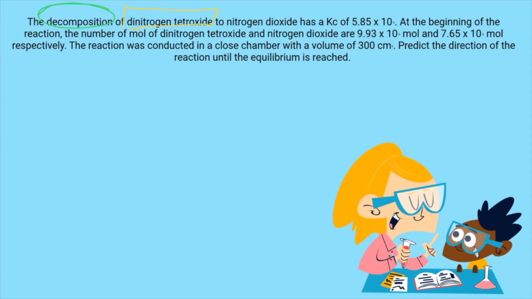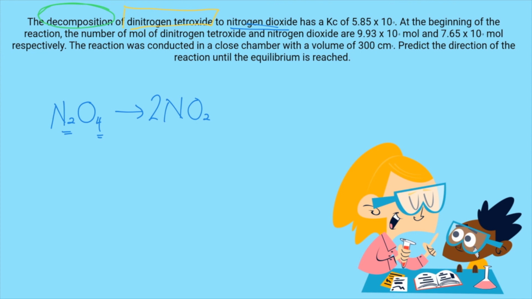Dinitrogen, di means 2 nitrogen, tetra means 4. So dinitrogen tetraoxide shall be decomposed to nitrogen dioxide. Obviously you know nitrogen dioxide. So you need to balance this. Because you have 4 oxygen and 2 nitrogen here, you put 2 over here, so you have 2 nitrogen and 4 oxygen as well.